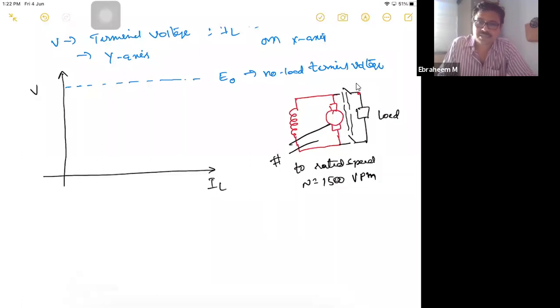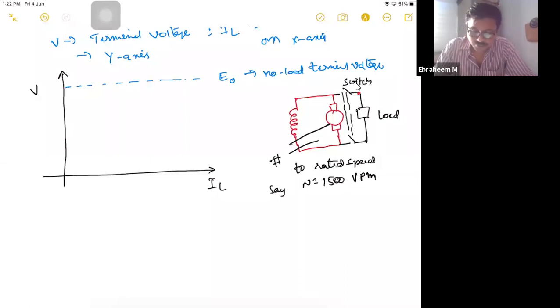It is an example only, don't take 1500 as fixed for all generators. So we rotate it to 1500 rpm and check whether it is rotating at 1500 rpm or not. Then we close the switch.